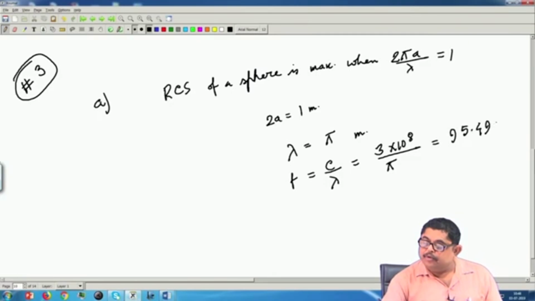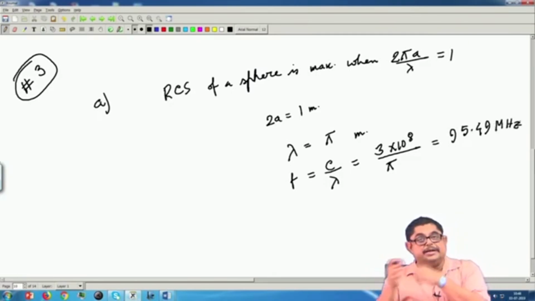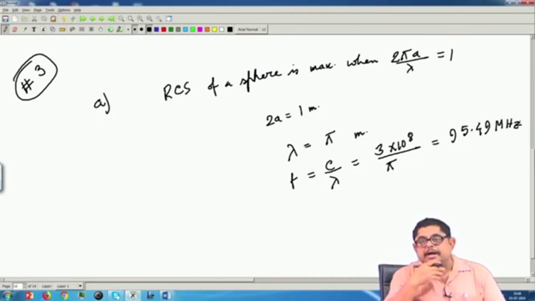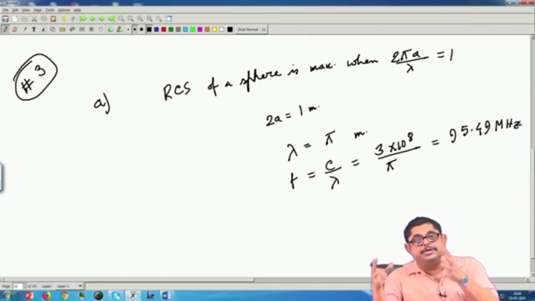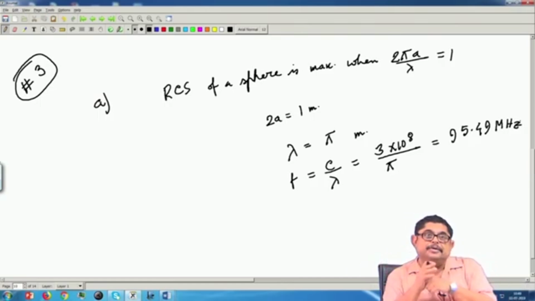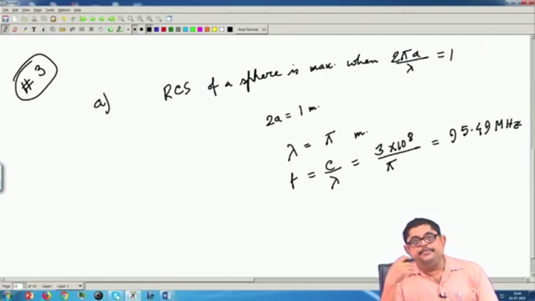95.49 megahertz. So, that means if I have a 1 meter diameter thing at 95 megahertz roughly, it will be very good. That means, if you want to observe a 1 meter diameter something, the frequency you should choose, if all other things are not considered, just from choosing frequency, you will choose a VHF type of radar.